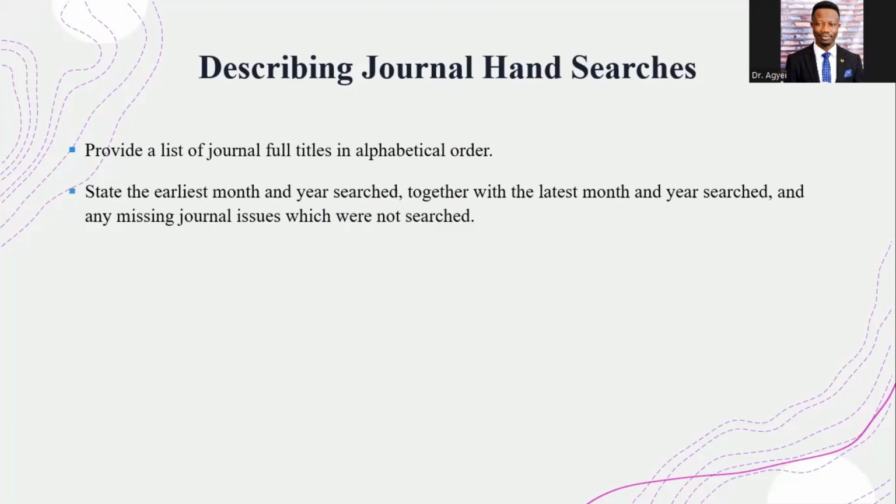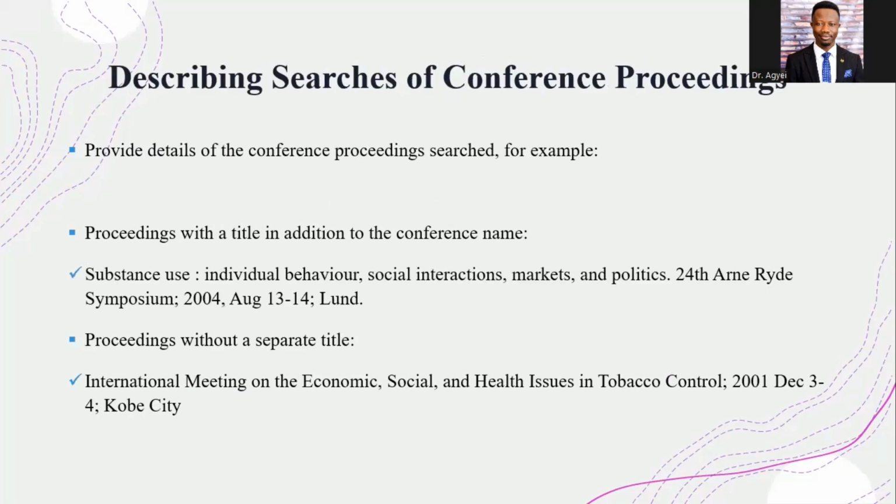Another thing is that you need to provide a list of journal full titles in alphabetical order, indicating the earliest month and year searched together with the last month and year searched, and any missing journal issues. This is also very important when you are describing your journal hand search.